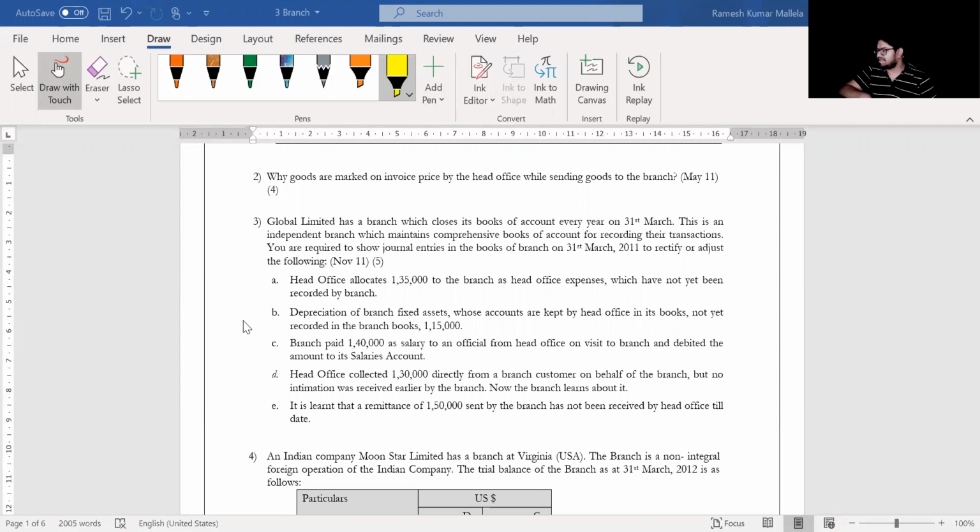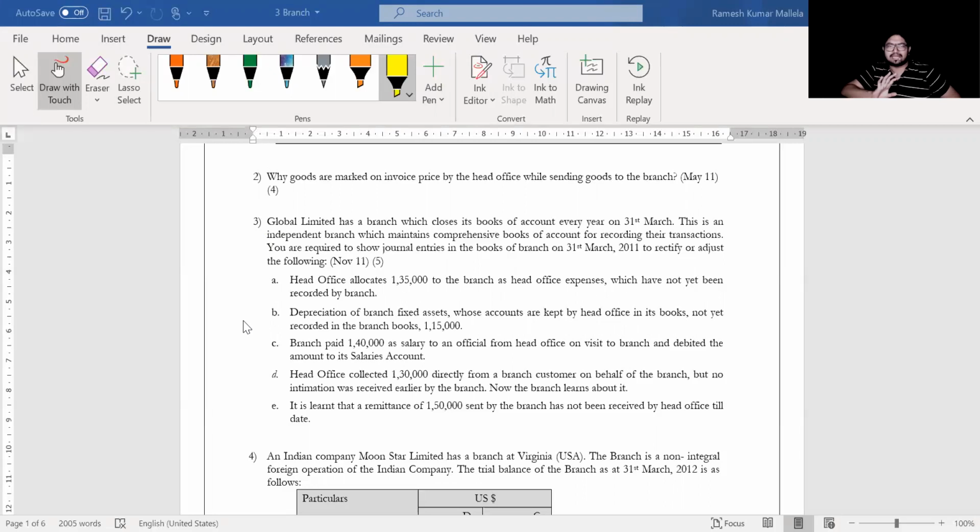Head office allocates $135,000 to the branch as head office expenses, which have not yet been recorded by the branch. Now, what does that mean? Head office has incurred it, but the branch has not recorded it.